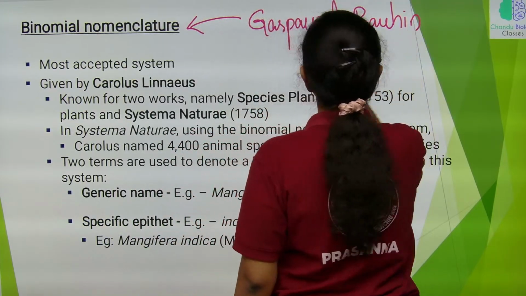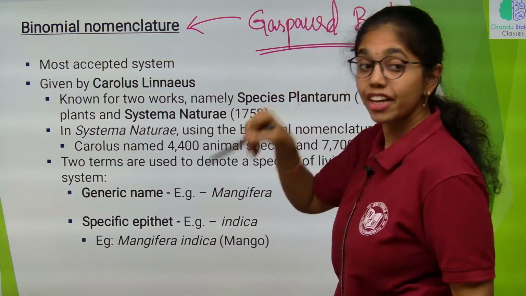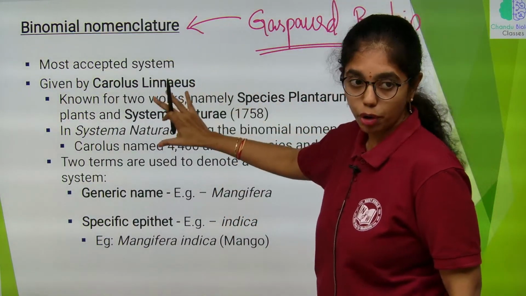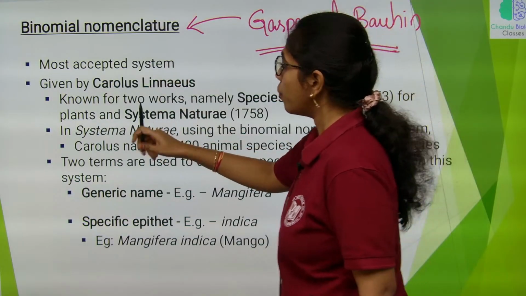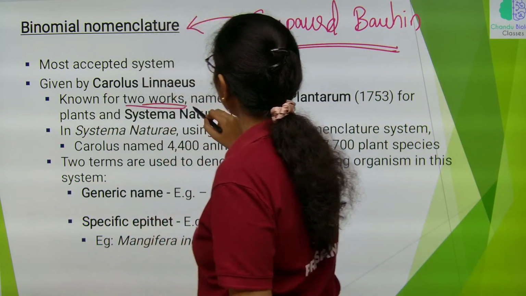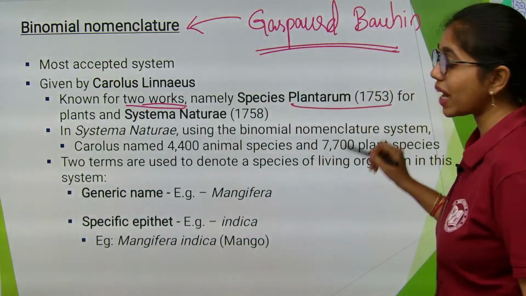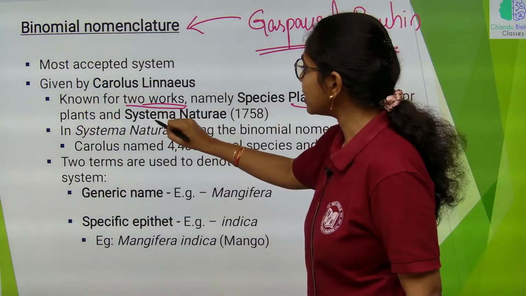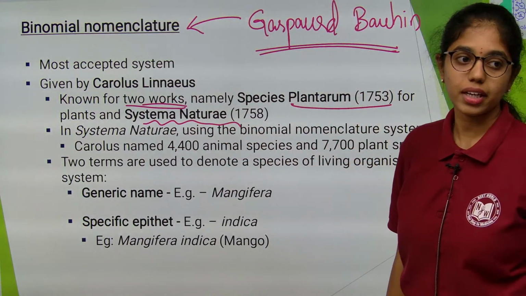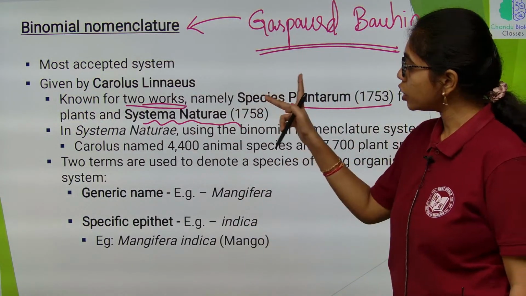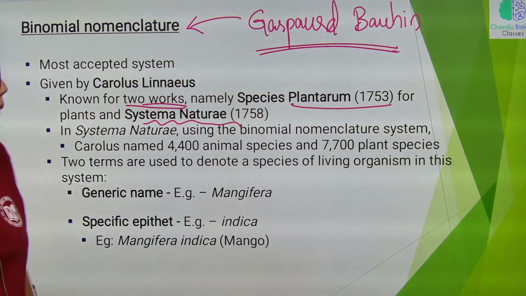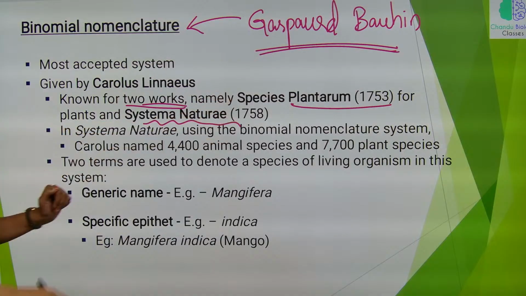He is the scientist, Gaspard Bauhin, who introduced binomial nomenclature, but that was developed broadly by Carolus Linnaeus, known through two works, namely Species Plantarum in the year 1753 for plants and Systema Naturae in 1758. In these two publications he has given the complete information of binomial nomenclature. These reference books are also important for us.